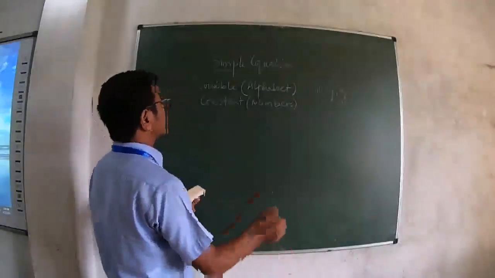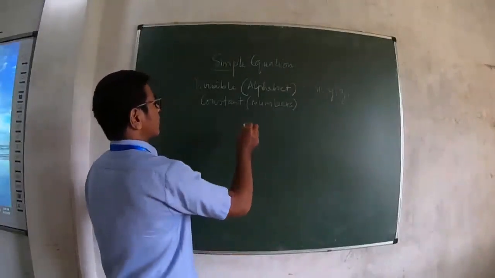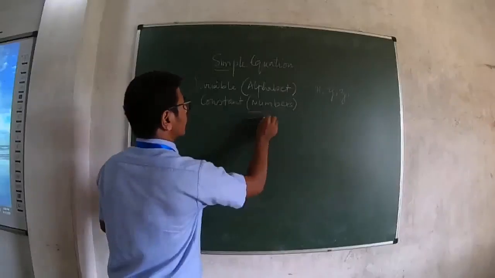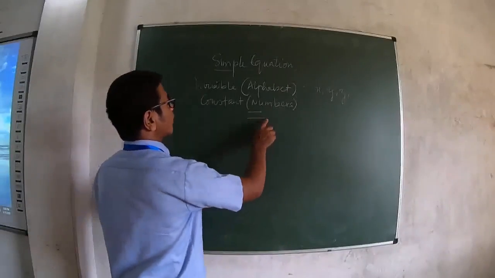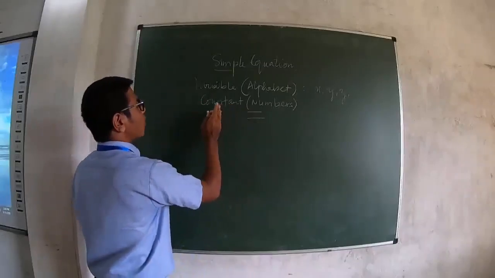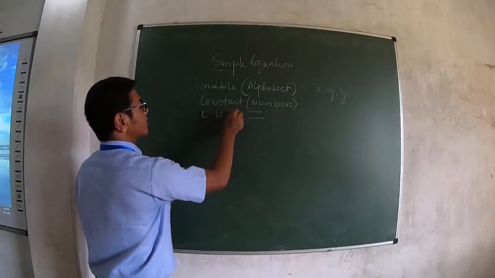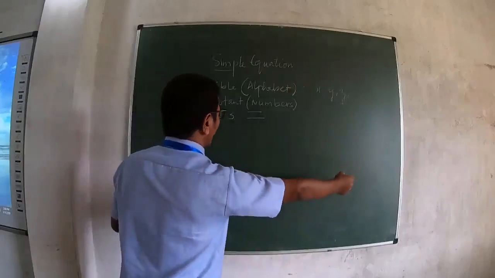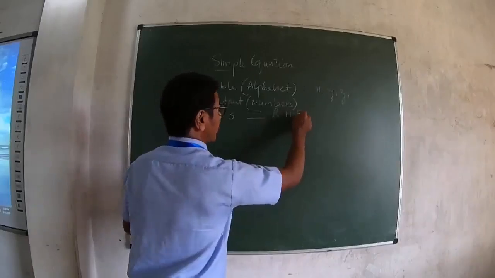Basics are there. Let us try to understand the word equation, equal to. When we write an equation with an equal to, the side in front of the equal to is the left hand side. The right side of the equal to is the right hand side.